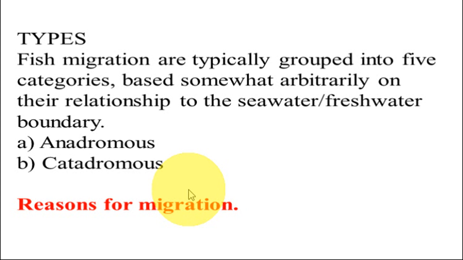Then as a result of hormonal action during the reproductive period, and last one is change in blood pressure. These are the 5 to 6 reasons. Okay, these are the reasons for migration.